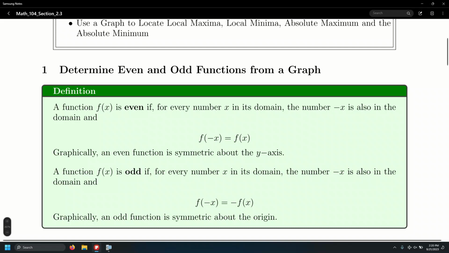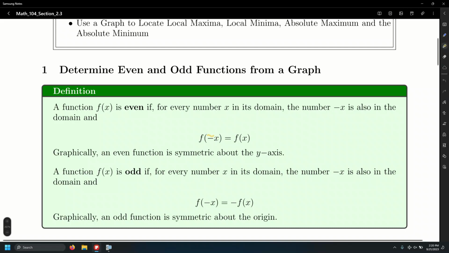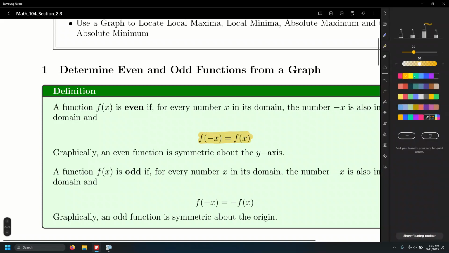But how is this related to functions in terms of their parity? Well, a function f of x is considered even if for every value of x in its domain, the number negative x, that is, if we change the sign of the input, gives a function value that is exactly the same. So that's key right here. Now, graphically, how do we see this?